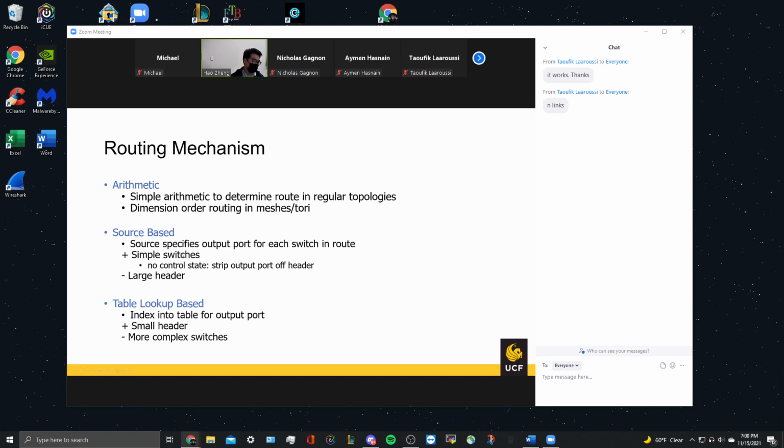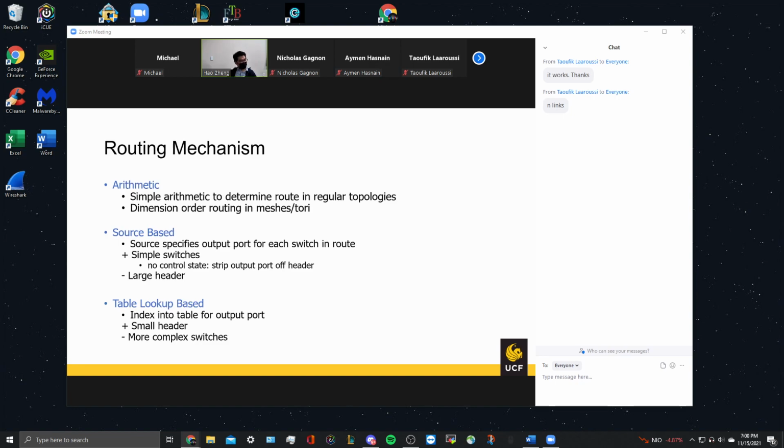The second one is source-based routing, which means the source specifies the output for each switch in the route. Simple switches, no control state, larger header. So what does this mean? At the source, we pre-compute the route. I will include some information in the packet saying which router you should go to in the first step, and which router for the second and third, until the destination.